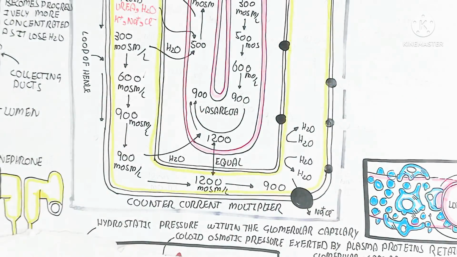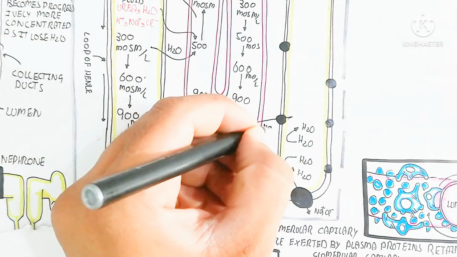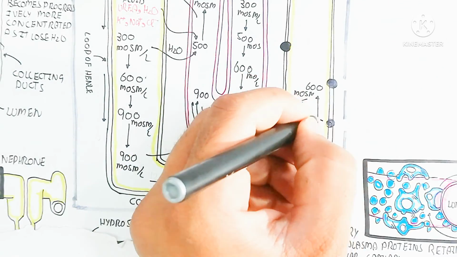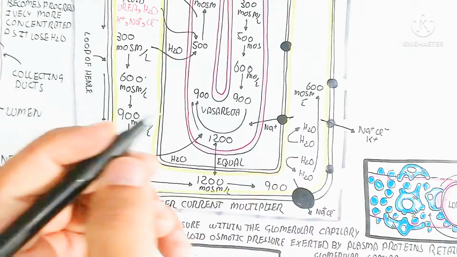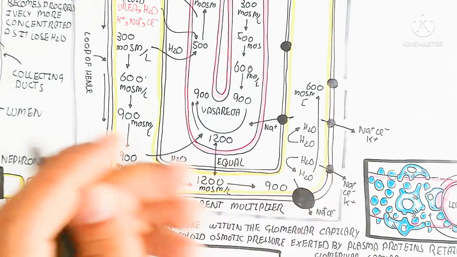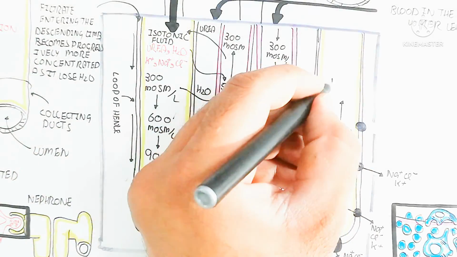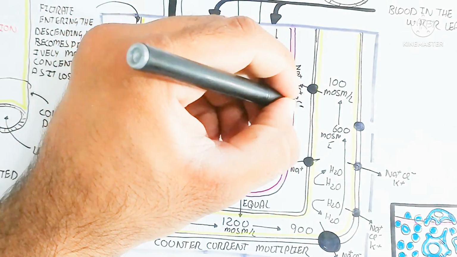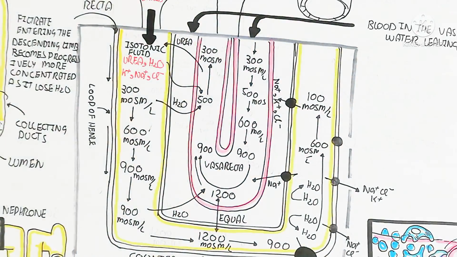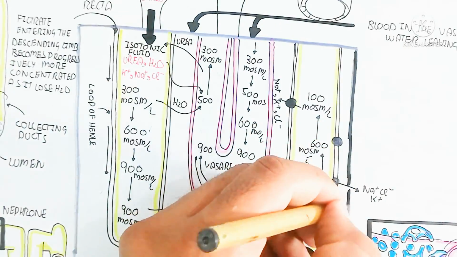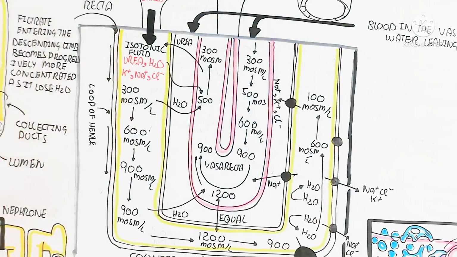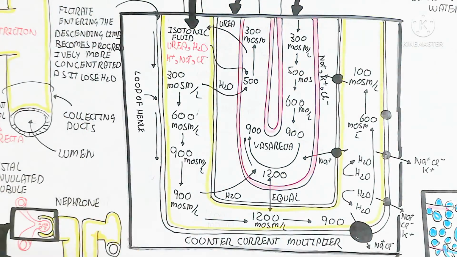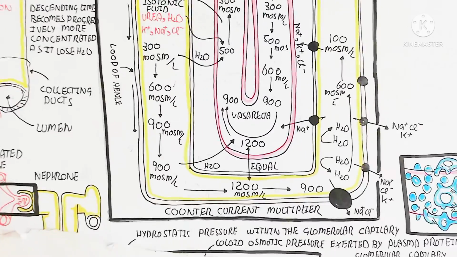And in this way, again, the 900 milliosmol per liter will move toward the lower concentration of water. So the 1200 has the lower concentration of water, but the solute will be more, and the water can easily be absorbed, and it can be isotonic also.